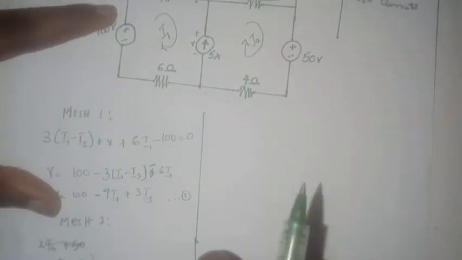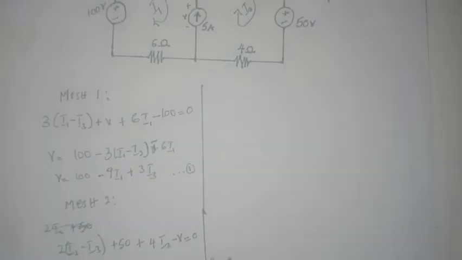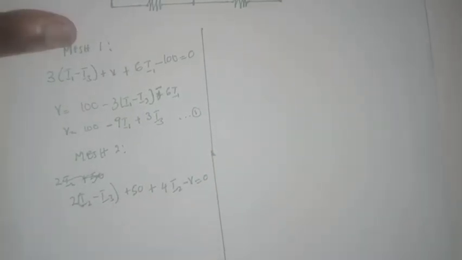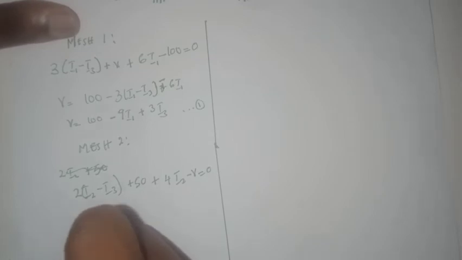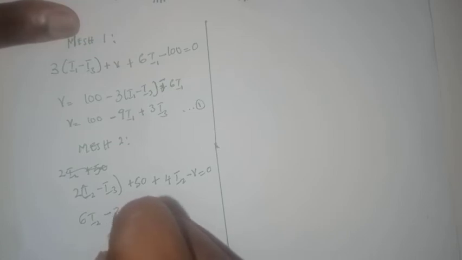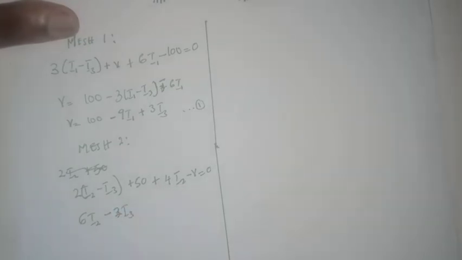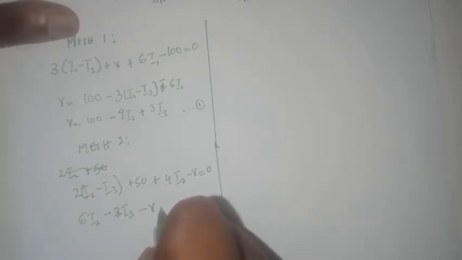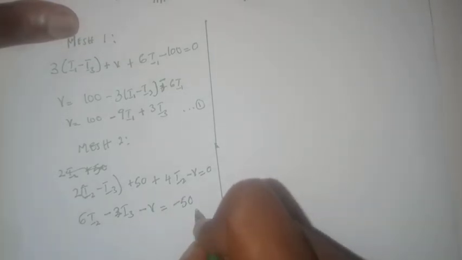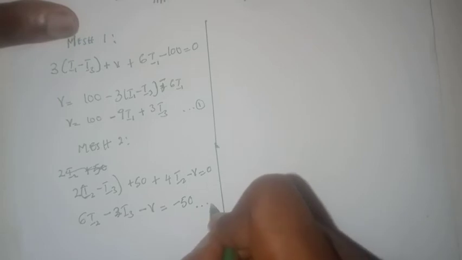We can then simplify this further, and we would say that 6I2 minus 2I3 minus V equals minus 50. Let's call this our second equation.